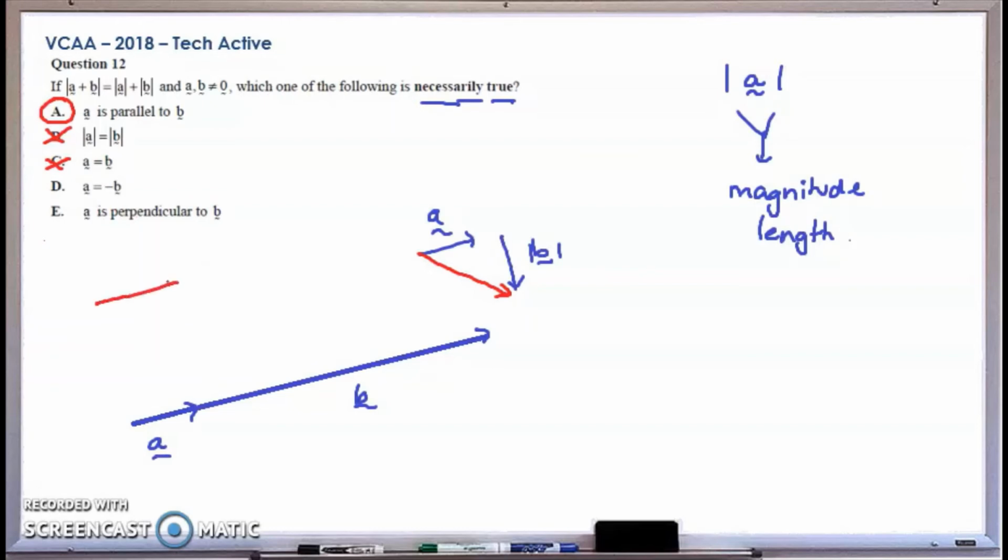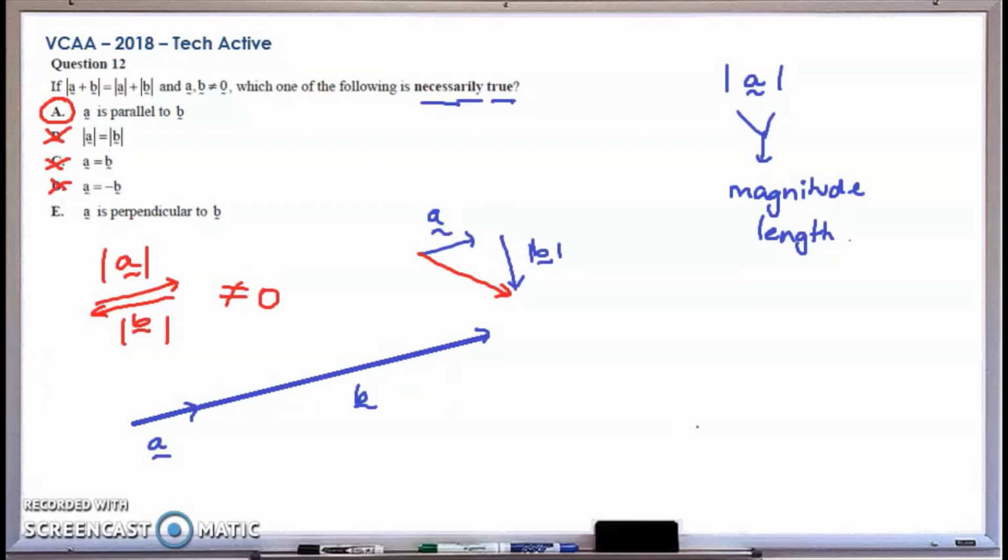If they're opposite vectors, if A looks like this and B looks like this, then again, we have vectors that are very similar, but the length of A plus the length of B will not equal 0, which is A plus B, so therefore that's not correct.